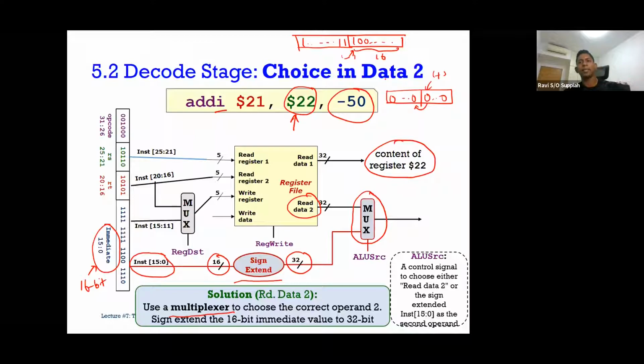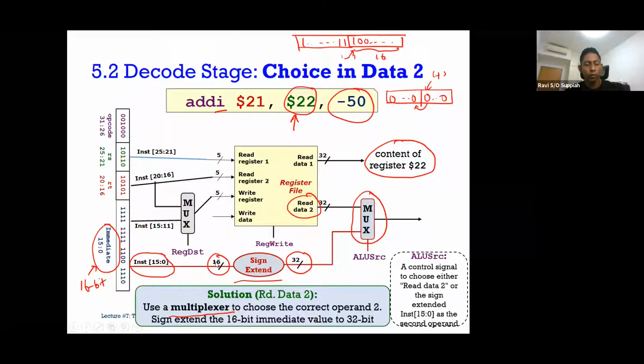So by extending the most significant bit out, it does not change the value in any way. It is the same value. That is the way the two's complement helps us. You can just extend the most significant bit and yet the value does not change. That is what we are doing for the sign extension: we are taking the 16-bit value and extending it.